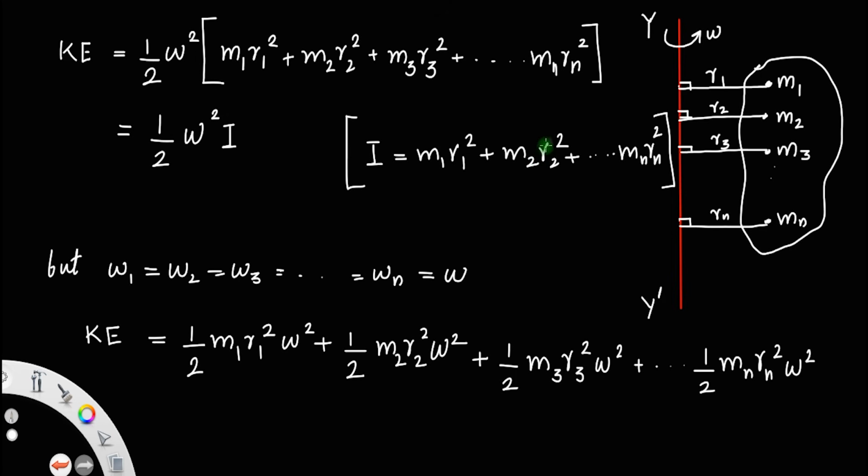This gives the moment of inertia. So the kinetic energy of a rigid body rotating with an angular velocity omega is equal to half I omega square. Clear?